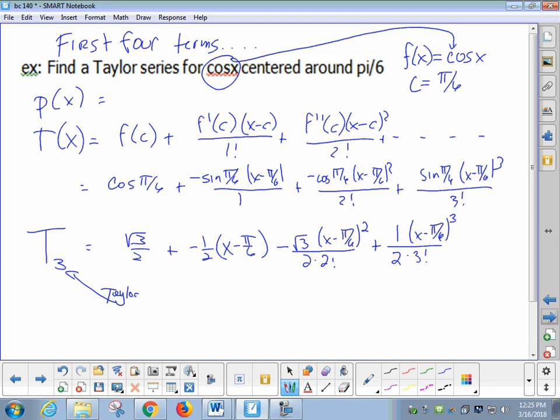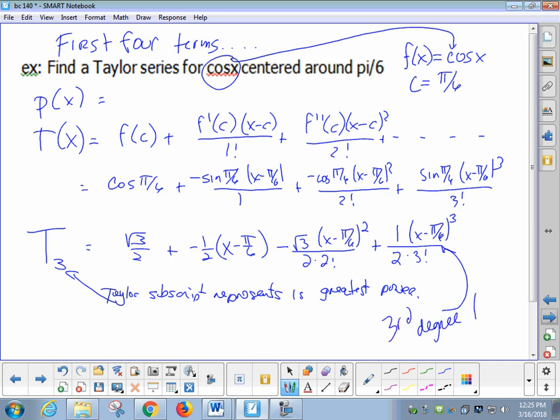Taylor subscript n represents ending power or greatest power. You would often hear this referred to as a third degree Taylor. You will be asked, find a third degree Taylor series for something. You need to understand that means you go until you get to x cubed, and then you stop.